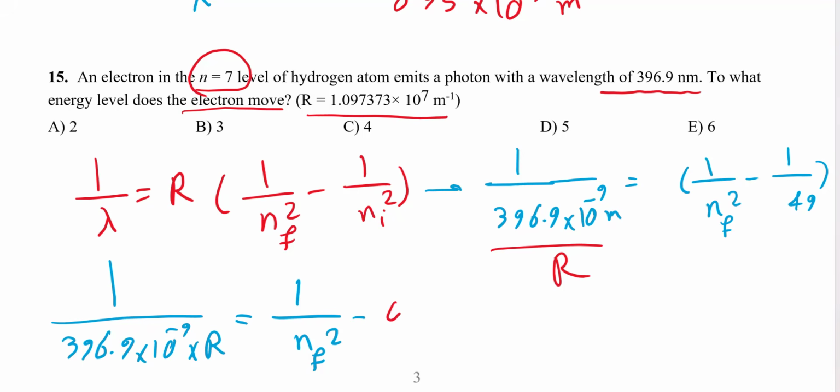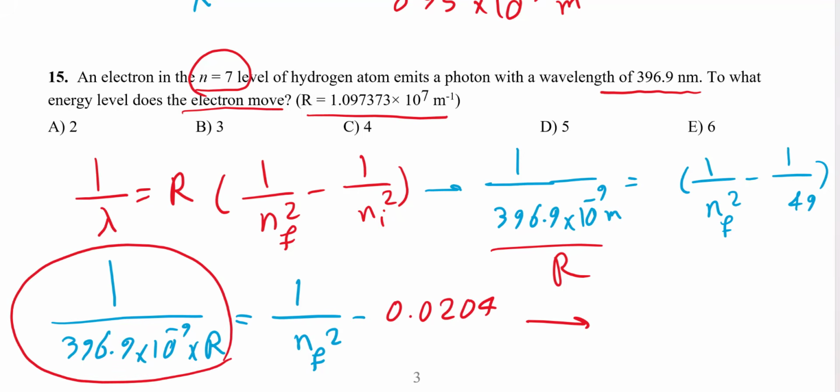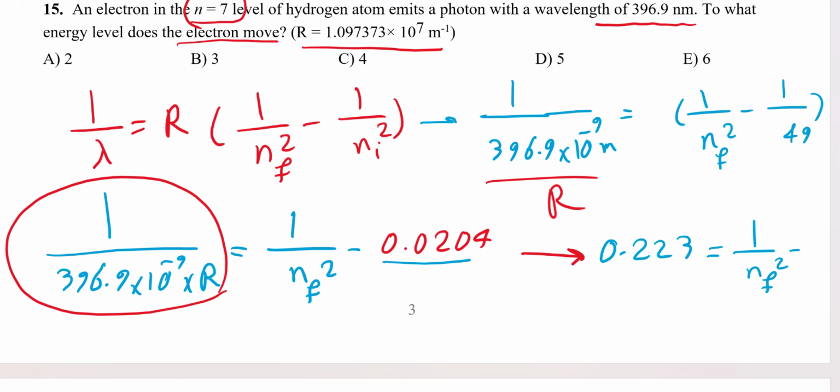1 divided by 49 is equal to 0.0204. The value for the fraction on the left side is equal to 0.223, which is equal to 1 over nf squared minus this number.